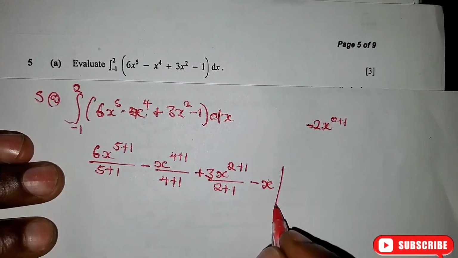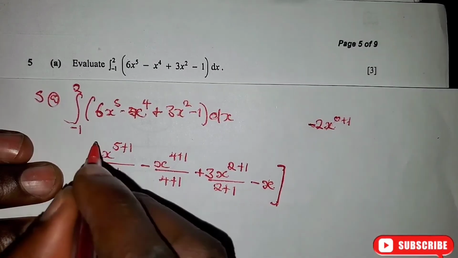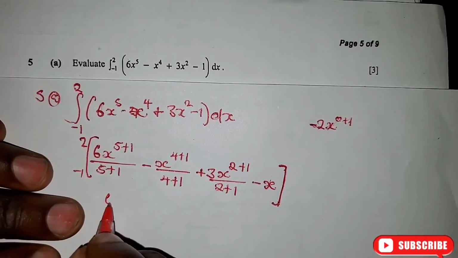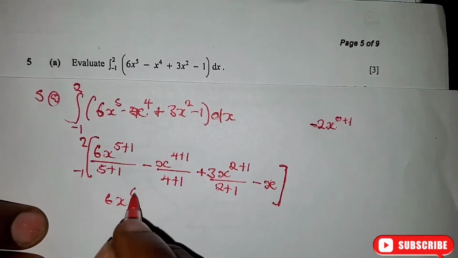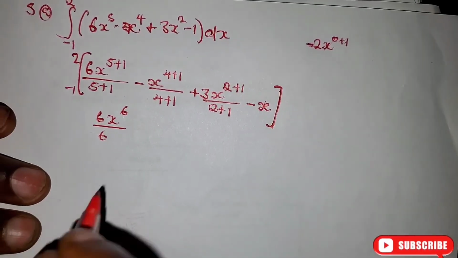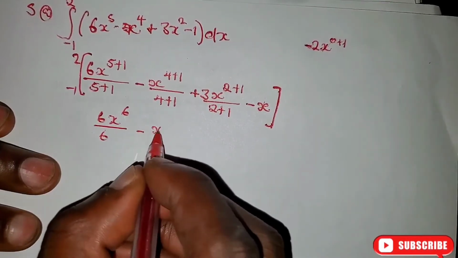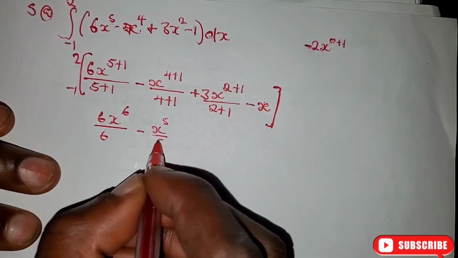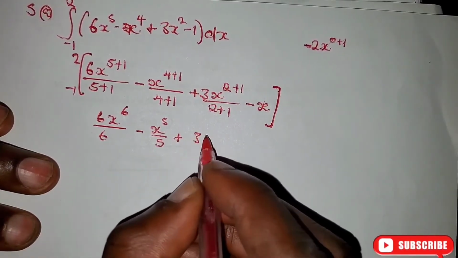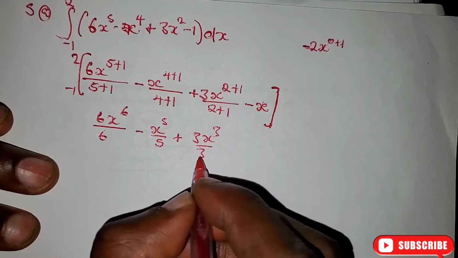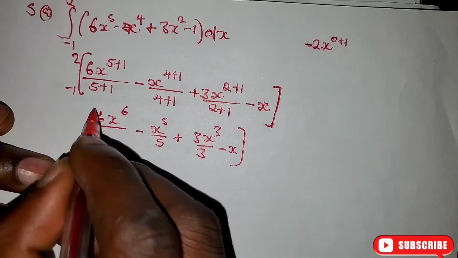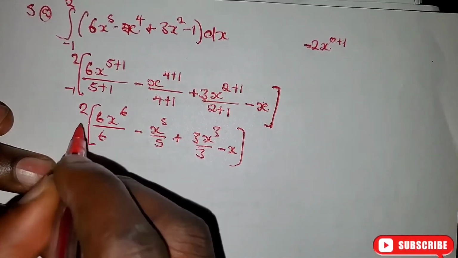Alright. Then you have 2 and negative 1. So you can solve here. It will be 6x to the power 6 over 6, when you add 5 plus 1, minus x to the power 5 over 5, plus 3x to the power 3 over 3, minus x, with limits 2 and negative 1.